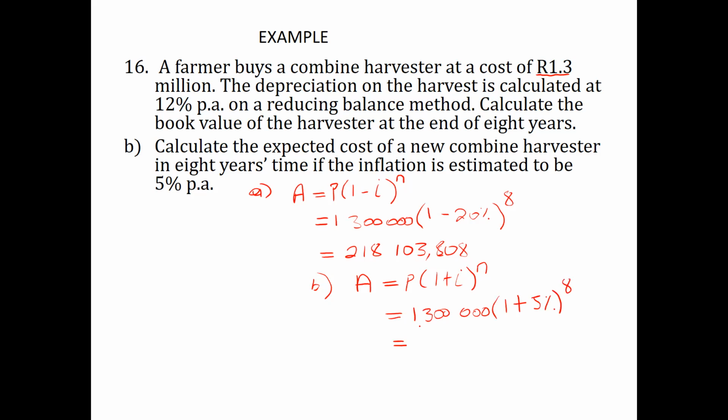Now, what is the value of this harvester after 8 years? Note that even with yesterday's example, it was pretty much the same. It's just that with yesterday's example, they gave you what the value of the item will be after 5 years. Here we have to calculate it using the inflation formula.